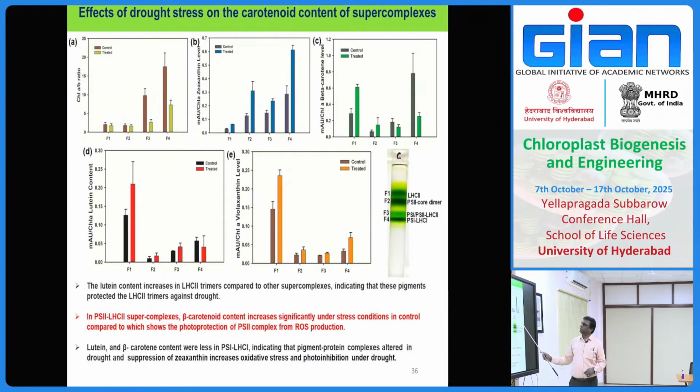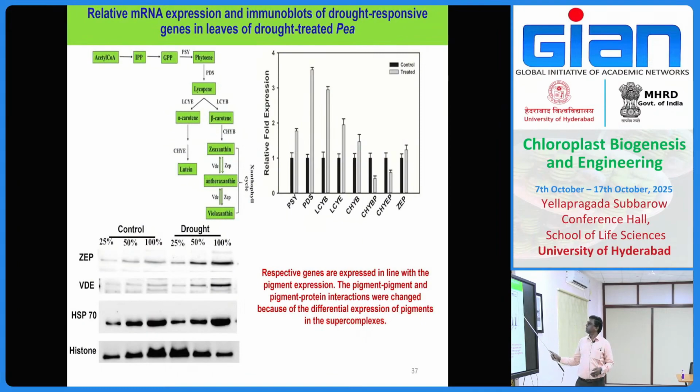Only what I want to tell you here is about the pigments, and just to conclude this one. From this sucrose density gradient, you have seen the fractions: LHC2, PS2 core dimer, PS1 and PS2 light harvesting complexes, and the last one is PS1 LHC1 complexes.